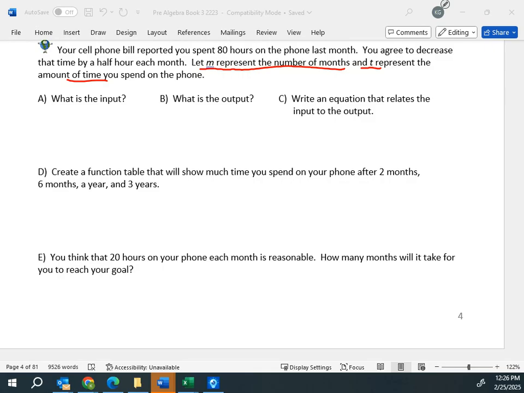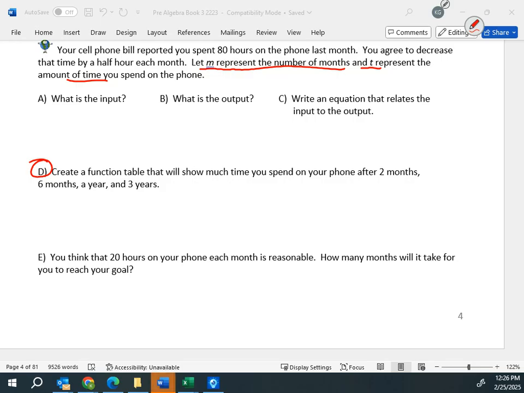So, first question, how do we know what the input is? What's the easiest way to figure that out? Harper? Yeah, if I look at the further questions, look at D. Can I figure out what my input's going to be? What do you think that input is, Fallon?